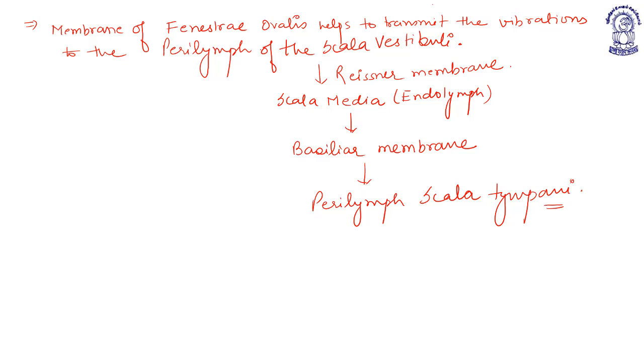So this is the flowchart of movement of sound vibrations in the internal ear, especially in the cochlear part.